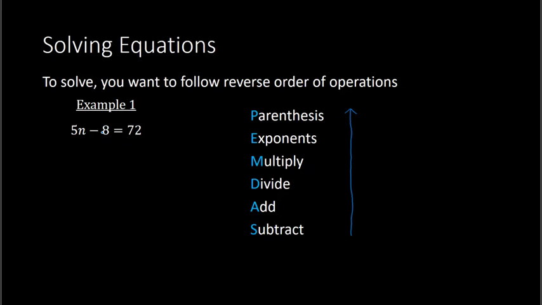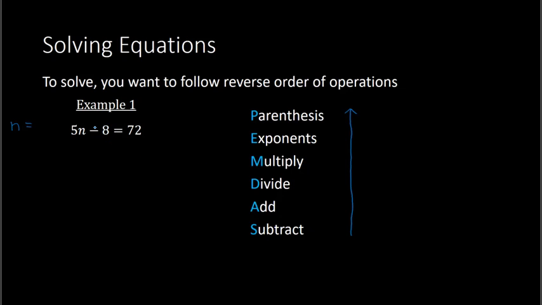So we begin with the minus 8. Our end goal, by the way, is to get this to look like n equals a number. So our objective is to get rid of both the 5 and the negative 8 so that n is by itself. We begin with the subtraction because that is the last thing we normally do with order of operations.